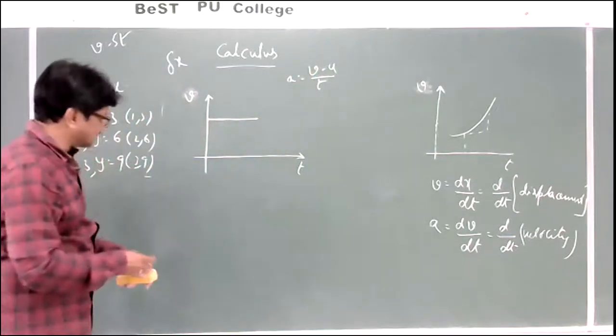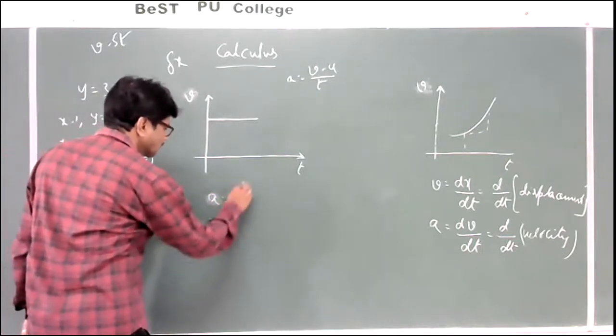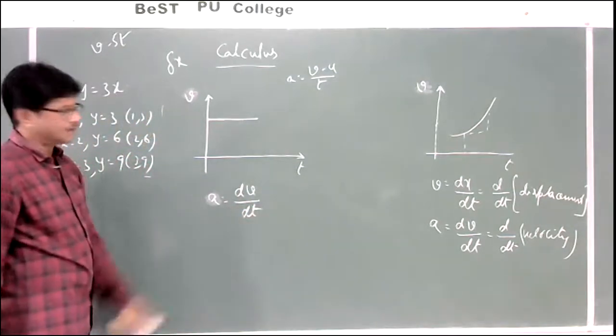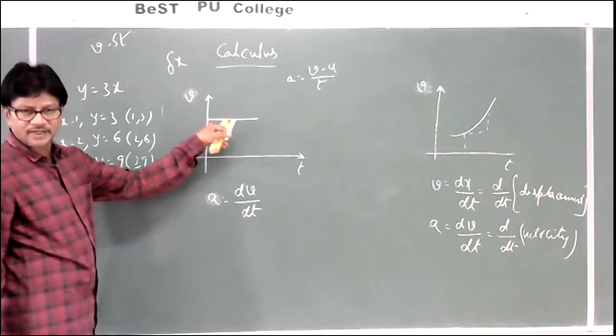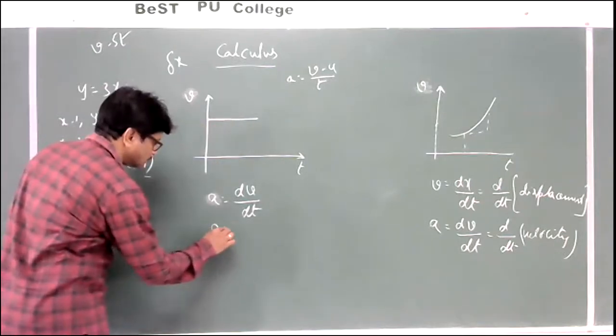So what is the acceleration formula here? a is equal to dv by dt. Here, as far as the graph is concerned, we got acceleration as 0.